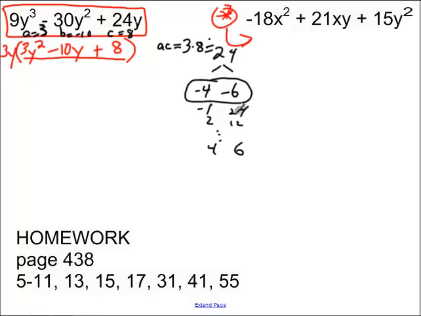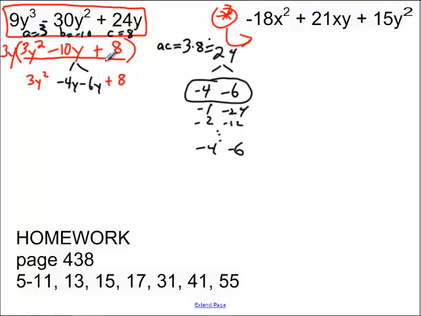So I would probably put negative signs on all these and start with that. But we did find our factor pair, so we can rewrite that negative 10y as negative 4y minus 6y. And then what's left over, we'll rewrite in the red. Here's 3y squared, and here's plus 8.